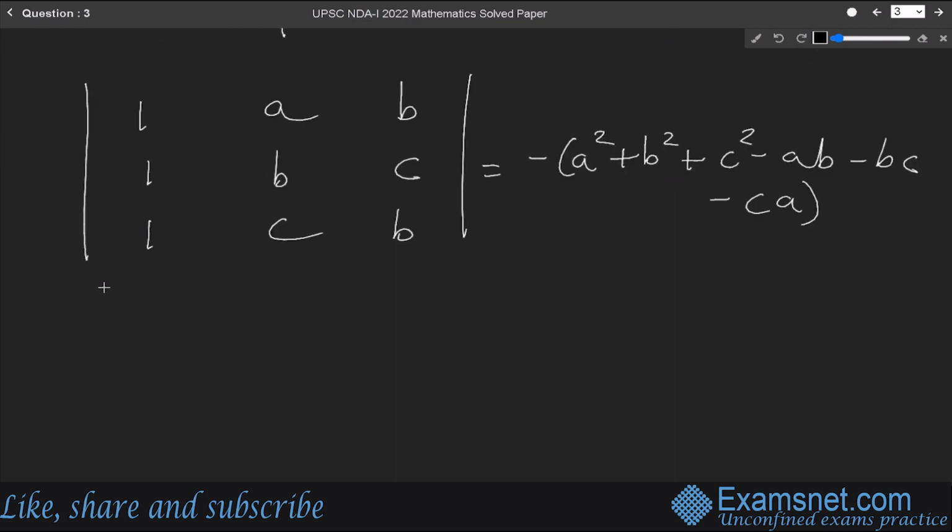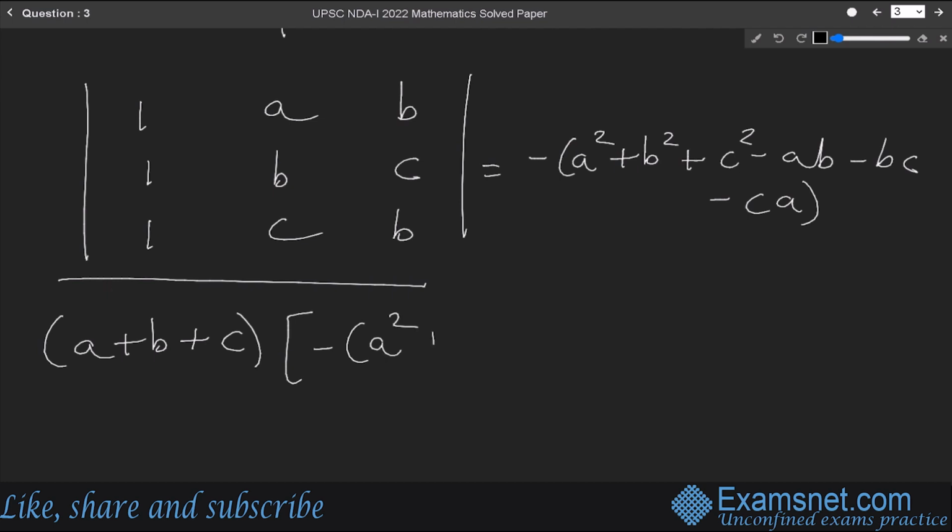So now I am just replacing the values A plus B plus C, and in the place of this form I am writing the value which is on the right hand side, minus of A square plus B square plus C square minus AB minus BC minus CA.